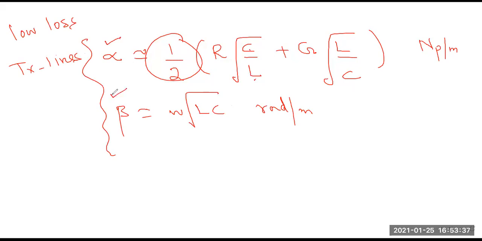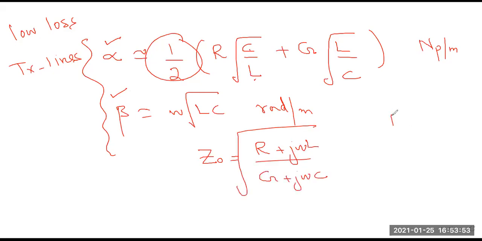Also, just a last point, the characteristic impedance. If you remember the general expression we derived for the propagation constant of any lossy transmission line, now because R is very much less than omega L, and G is very much less than omega C, we can ignore R and assume that G is 0, so the j terms cancel out.